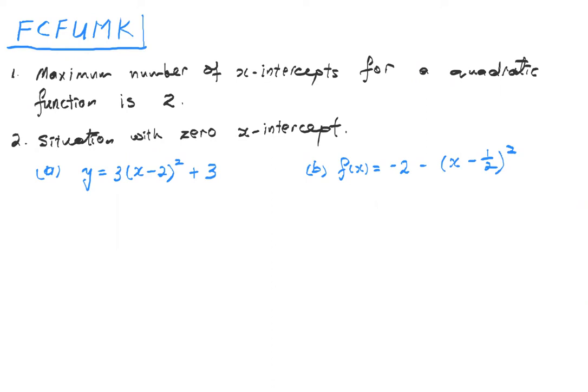So A is equal to 3, so greater than 0. My graph will go like this, smiling. Smiling curve. You smile. So the minimum point will be (2, 3).